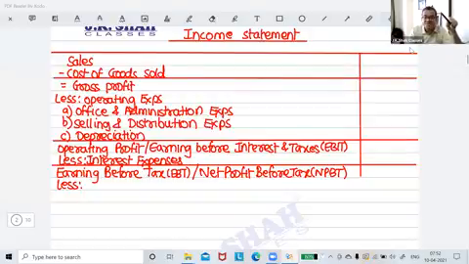See, guys, you are in which account? Any idea? P&L, we are in the P&L account. Income statement. We are leaving aside debit and credit, making a vertical statement, but you are in P&L. So, guys, in the P&L account, do you pay the tax or do you provide for tax?